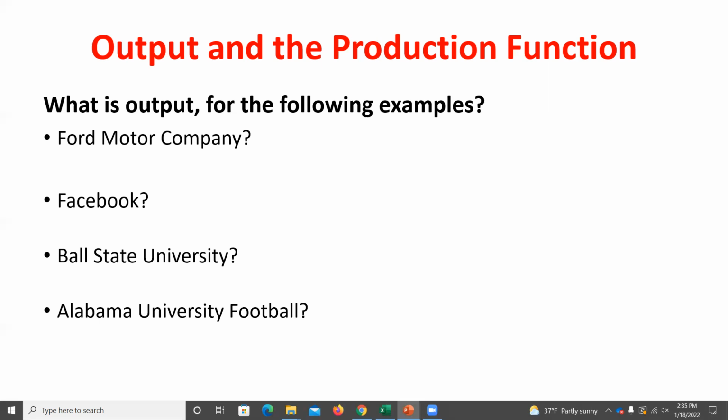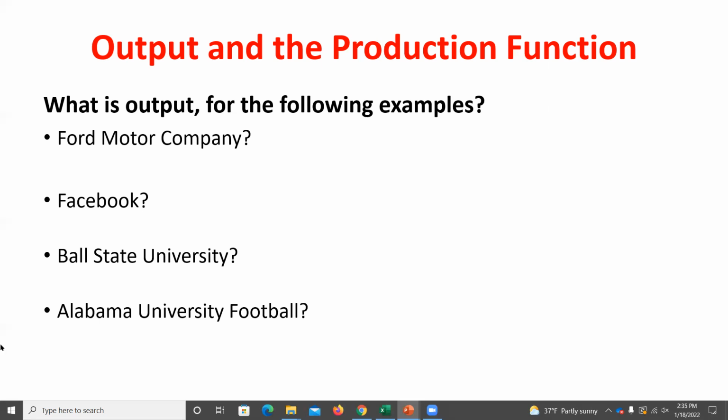What about Alabama football? Their output is, so maybe it's their players. But where is most of their money coming from? It's actually just playing the games. Obviously, for them, NFL prospects are a byproduct of their ultimate goal, which is to have a high quality program so that they can sell tickets, sell ads.